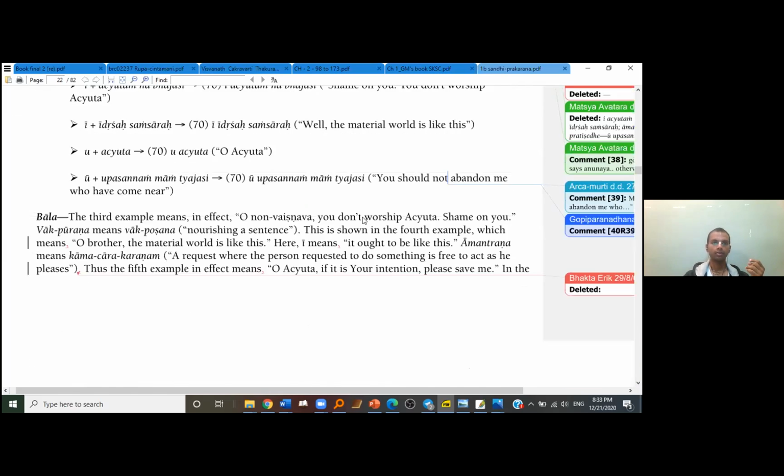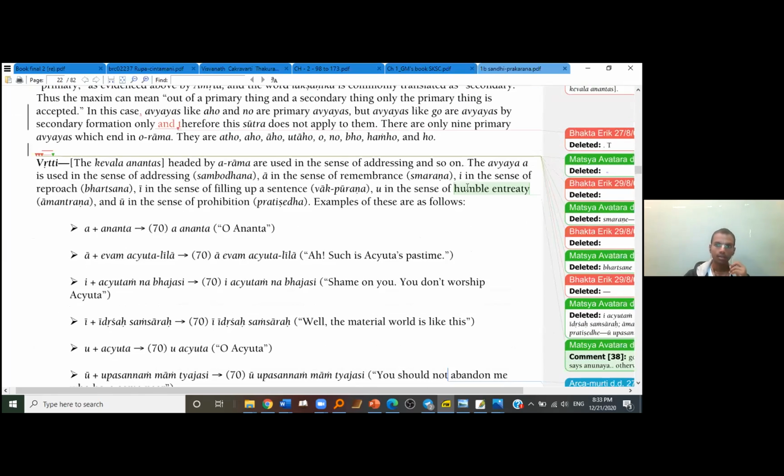And here we go. So, we did the short A, which was in addressing someone, the Dirgha in remembrance, Smarana, the Laghu Vamana E for reproach, Bhartsana, and Dirgha E for Vakpurana. So 4 are right. U is in the sense of humble entreaty, Amantrana.